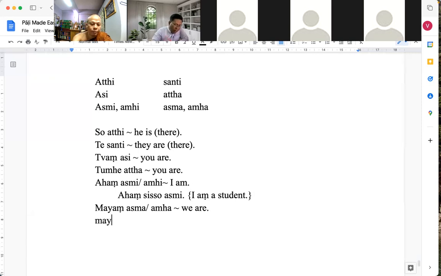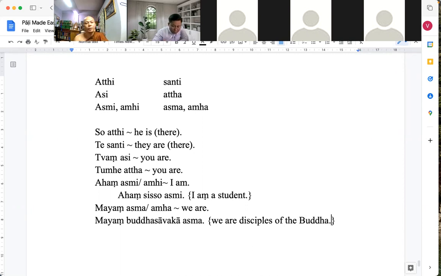So for example, mayam Buddha Sawaka asma means we are disciples of the Buddha. So in this way, we can use.